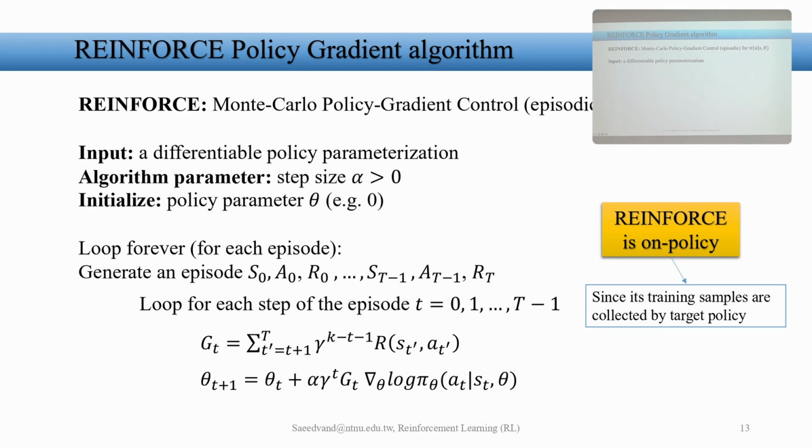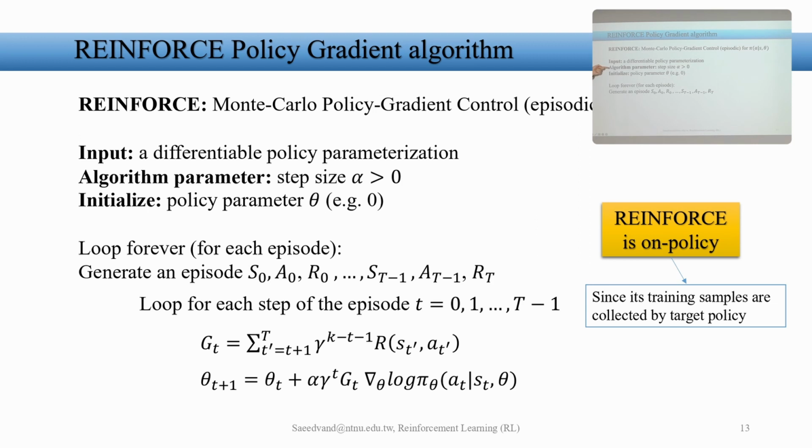First of all, the input is a differentiable policy parameterization. We need to be careful that the policy is defined somehow so that it is differentiable and we can calculate the gradient. Mostly we can, but if you define it so that the gradient does not exist in some cases, you should reformulate it so that it is always calculable. Be careful about that.